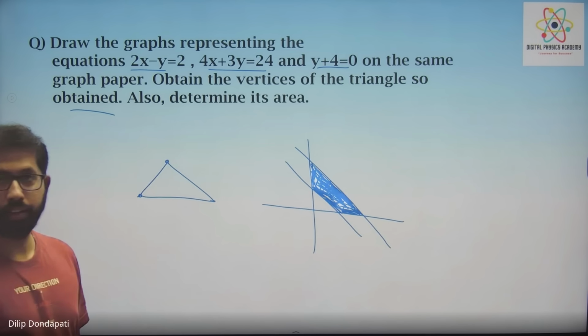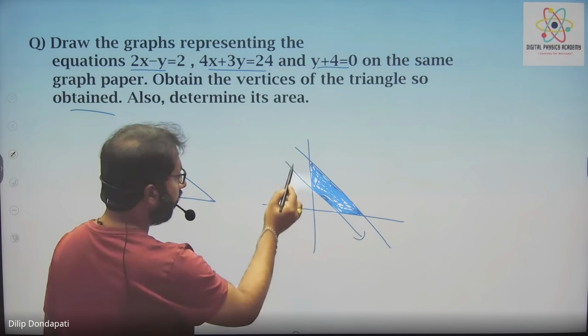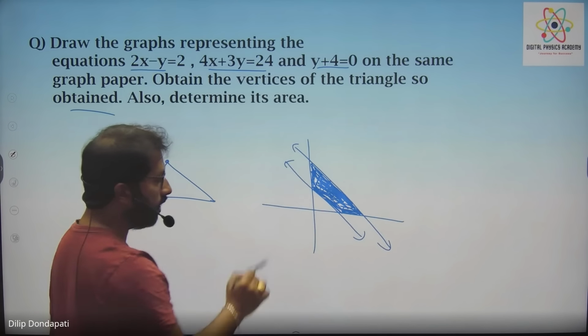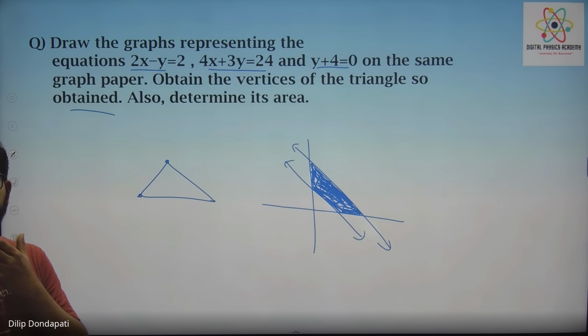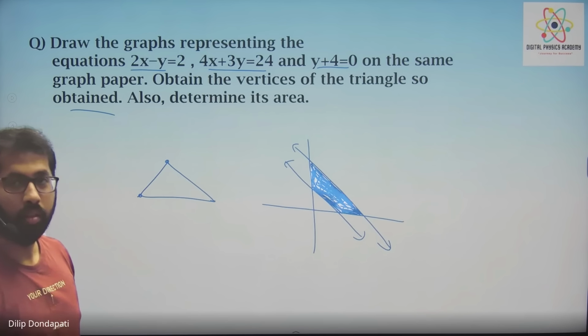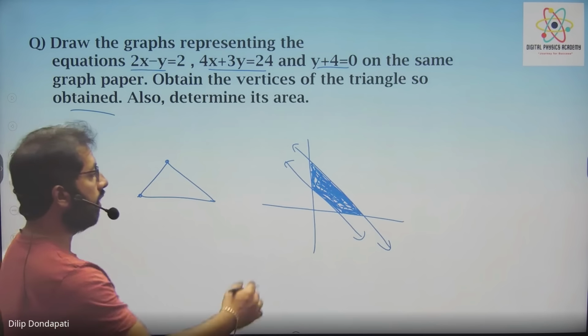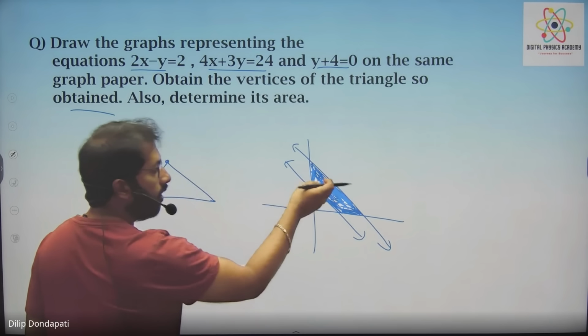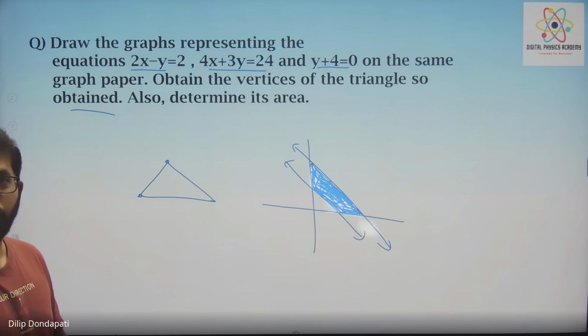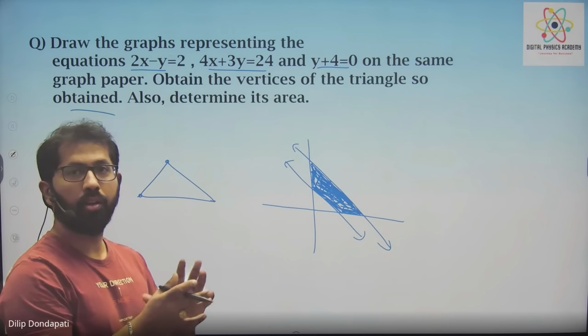Suppose you got a graph like this, two graph lines, and the shaded region is like this. How to find it? You have to subtract the area of the smaller triangle from the area of the bigger triangle, and we'll get this one. So the formulas are the same, only the thinking is different.